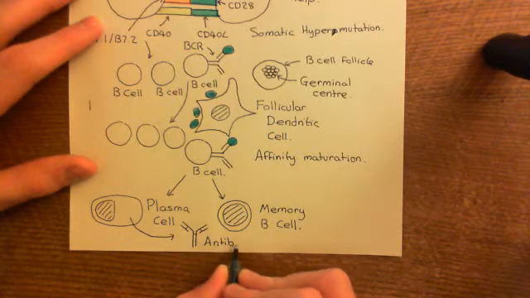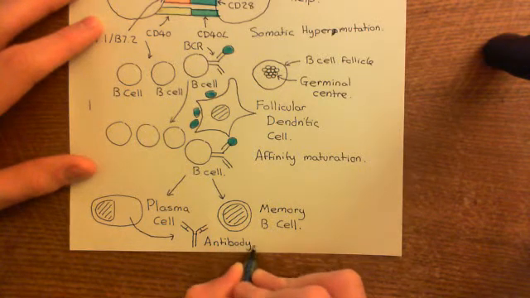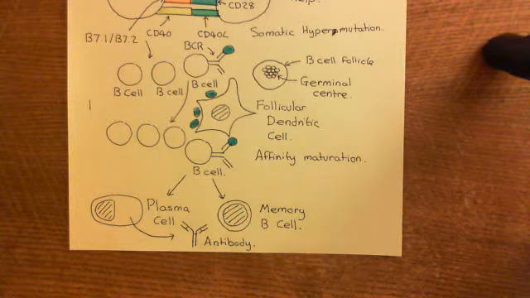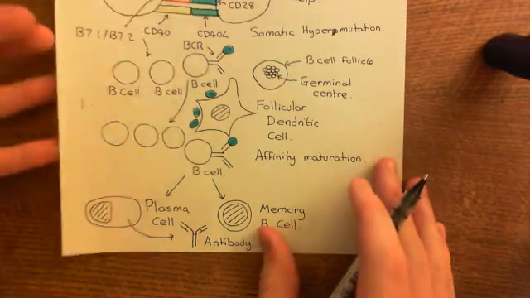Now, what does the antibody do? Because this is the key component of the humoral immune response. This is what it's all been building up to, the production of this antibody. The antibody is going to help with the immune attack of this pathogen in multiple ways, so let me discuss these.